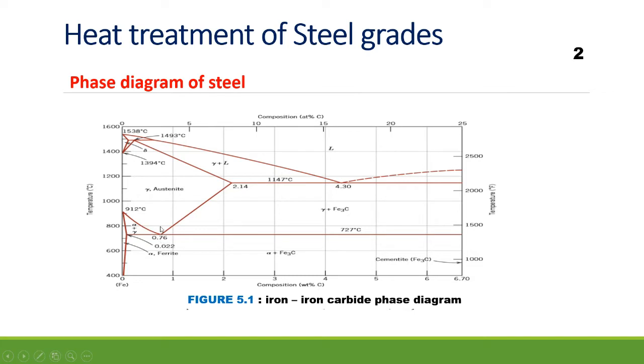We will get a eutectoid reaction where austenite will transform to alpha ferrite and cementite, and you will get pearlite, martensite, and some other byproducts depending on which kind of treatment you are providing to the material.